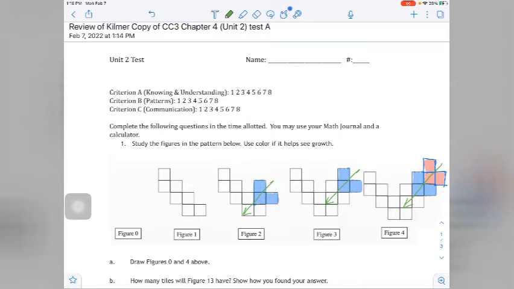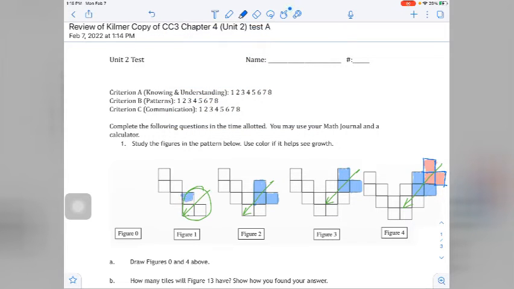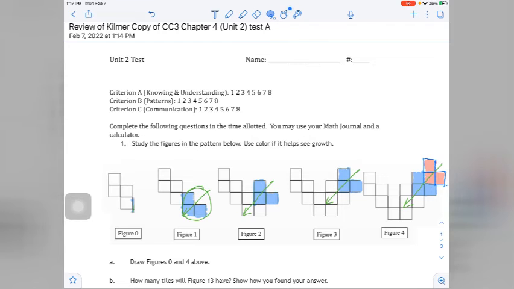So this little L shape right here would have been the new tiles in this figure, and those need to go away. What I'm left with is this little figure right here. So if I copy that one and paste it over here, that is what my figure 0 should look like.